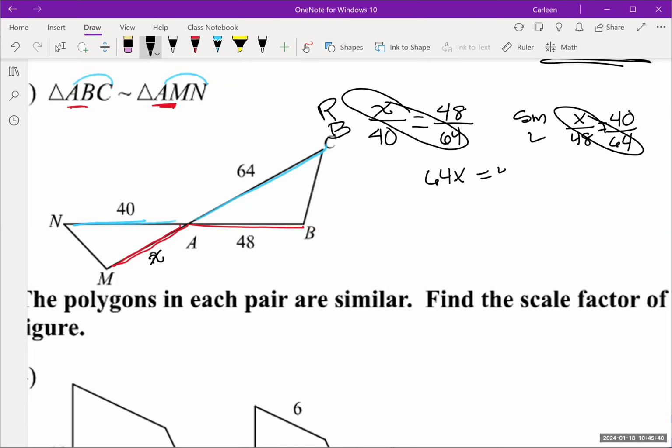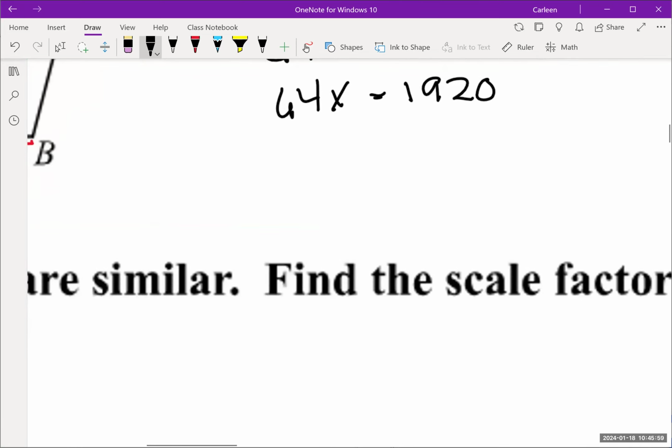You're right. 48 times 40. Okay, good point. So 64x, and that is 1,920. Yeah, see how we cross multiplied? And now we have an equation.